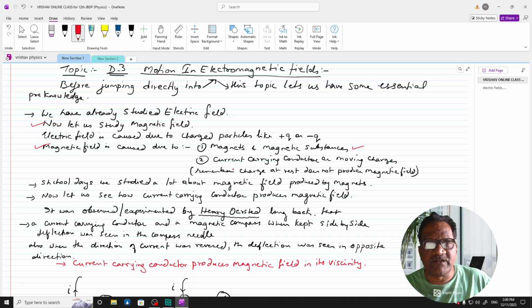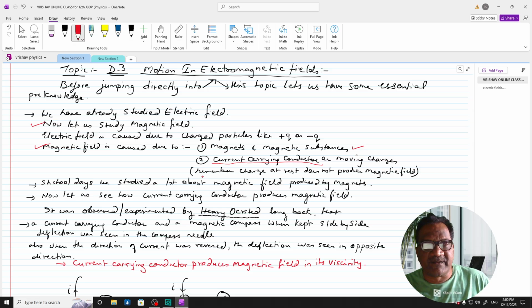But later on it was seen that even a current carrying wire or current carrying conductor, and this is very important, this is what we are going to study in today's session, or you can say moving charges. A current carrying conductor is nothing but charges moving in the wire. So whether you call it a current carrying conductor or moving charges, it is one and the same thing. Because of these moving charges you will find that a magnetic field is produced.